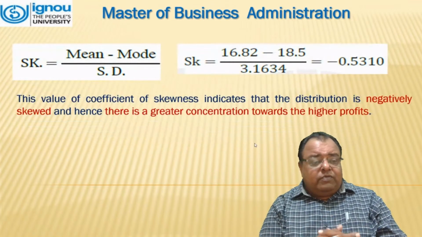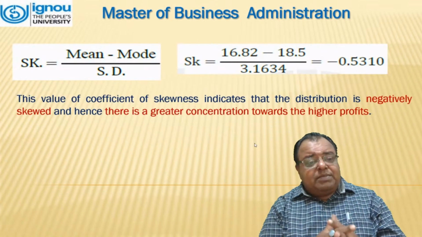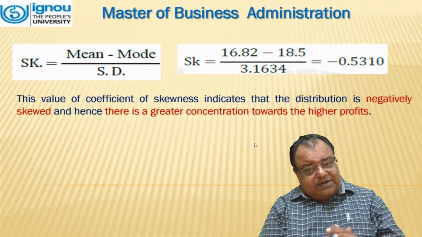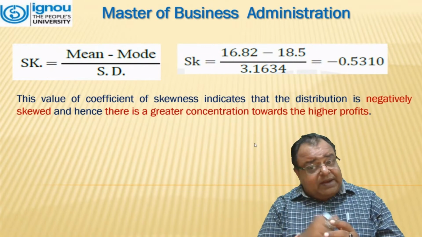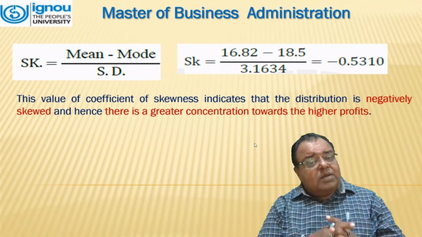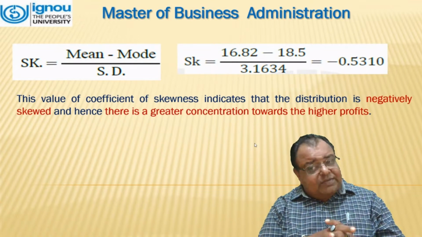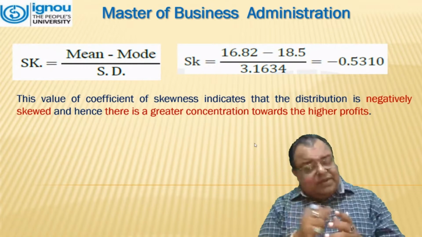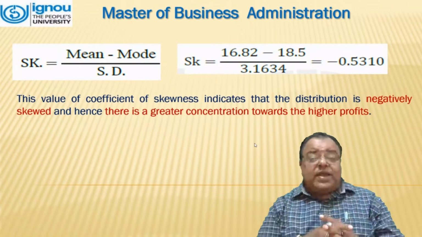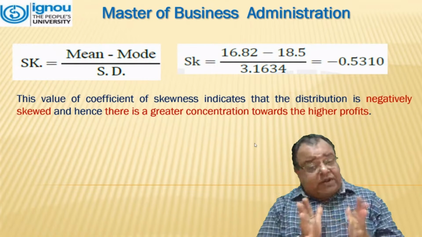Now, we will be using the formula mean minus mode divided by standard deviation. That is, 16.82 is the mean, mode is 18.5, and the standard deviation is 3.1634. Mode is greater than the mean, so the result is negative. After calculation, it comes out to be negative 0.5310.